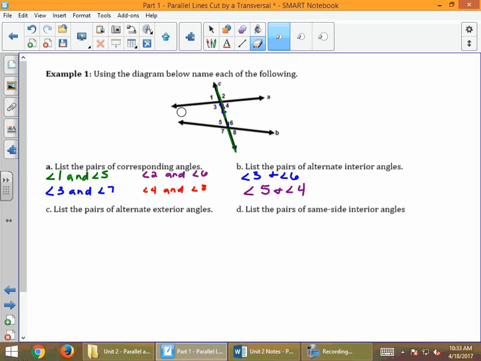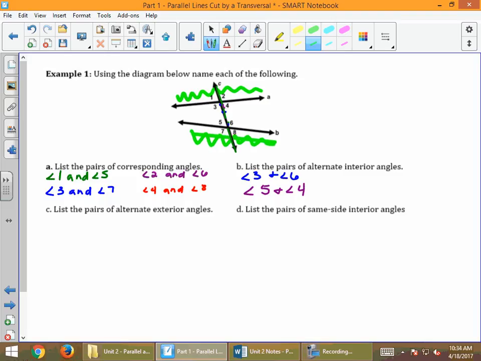Take a look at part C. It says list the pairs of alternate exterior angles. So those are the ones that are outside and opposite. And remember, the outside part is the part that's on the outside of the lines. This area is the outside. Okay? So pick any angle, doesn't matter. I'm going to start with angle 1. That's on the outside. So you're going to take your pencil, go on the opposite side of the transversal, and go to the one that's not touching 1.